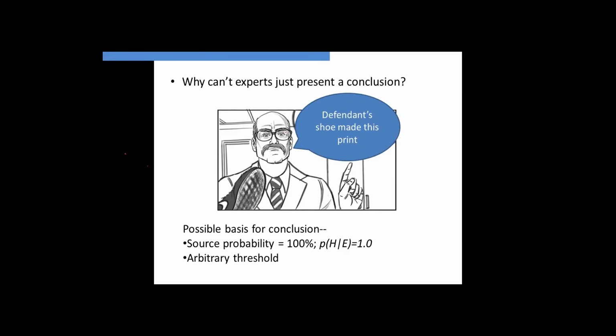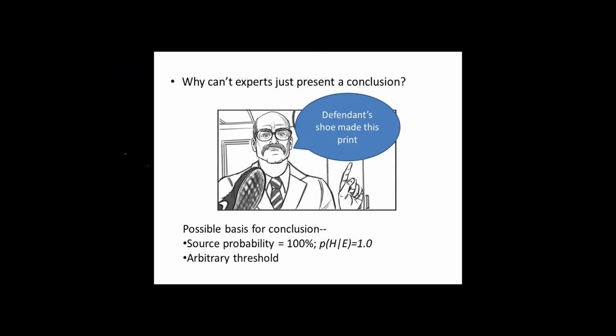Maybe the expert could set a threshold based upon the likelihood ratio, or the relative likelihood of the observed evidence under the hypotheses. If the observed similarities between the items looked probable enough relative to getting that kind of similarity from different items, the expert could simply say it passes my threshold.